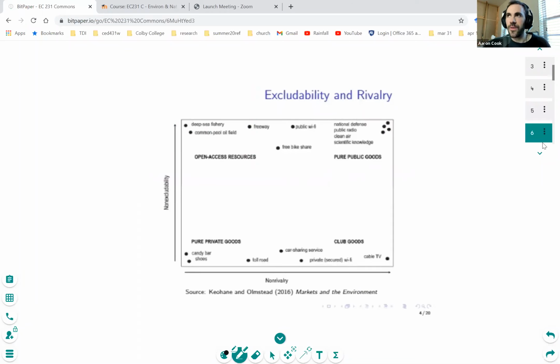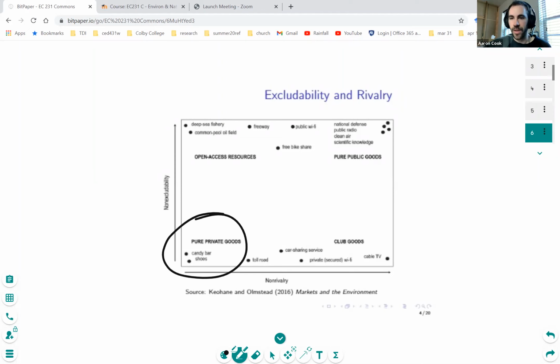We can think about different resources or goods having different degrees of excludability and rivalry. I have a diagram here which illustrates this. You have these two dimensions of rivalry and excludability. Down here in the bottom left-hand corner, you have goods that are both rival and excludable.